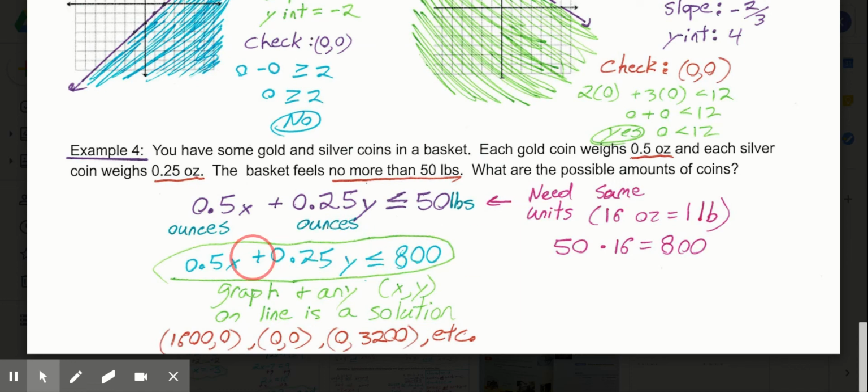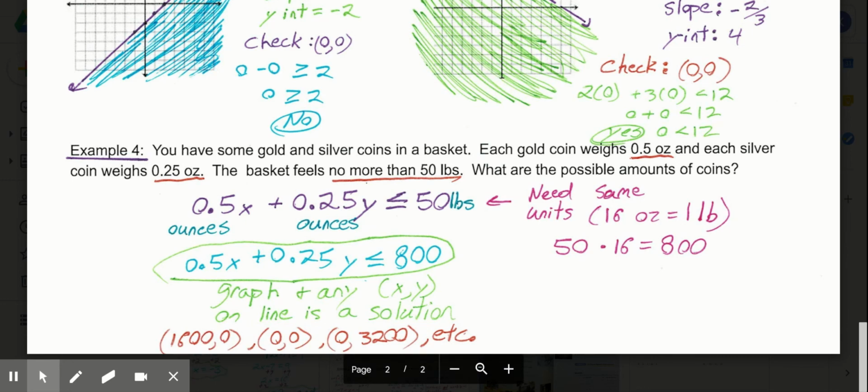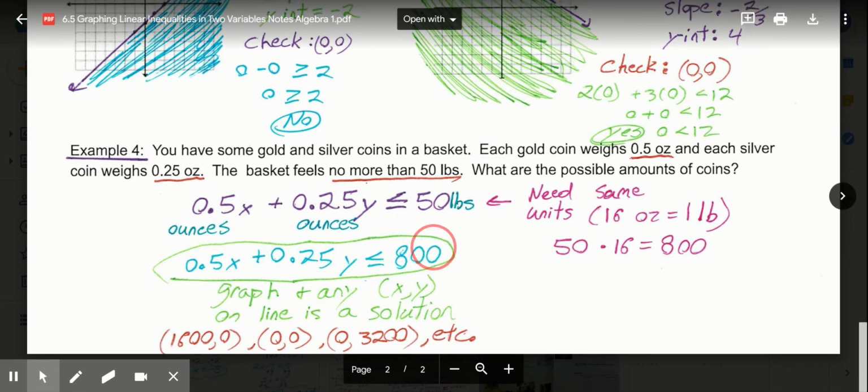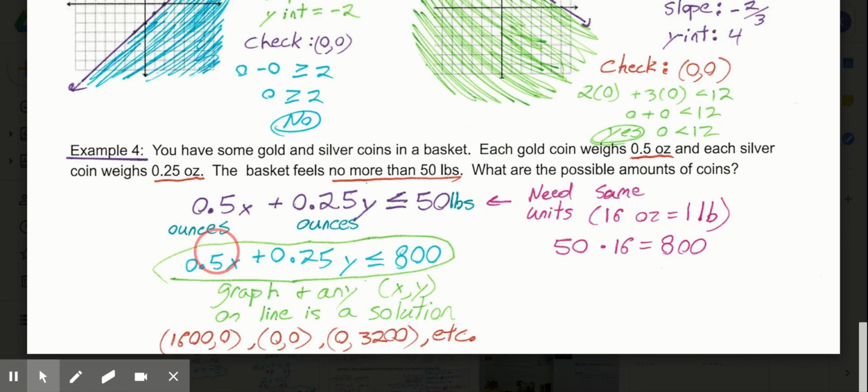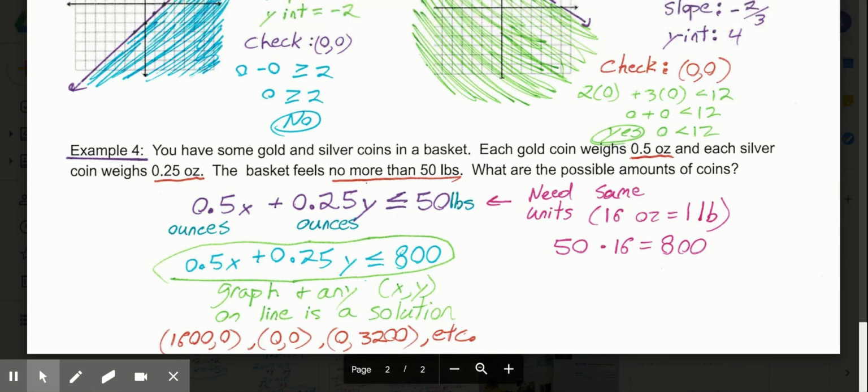By graphing this inequality, any answer that solves our graph is a possible solution. So what you would want to do to get any possible solution would be to graph this line, and it would include the line itself and anything that was shaded in. So we would have many different possible answers to this question.